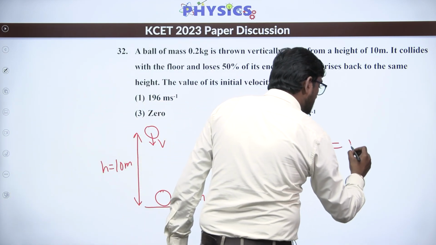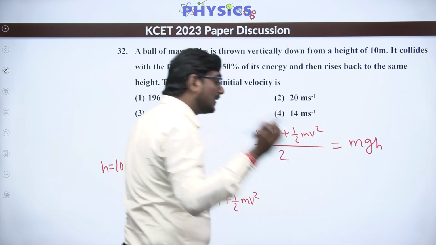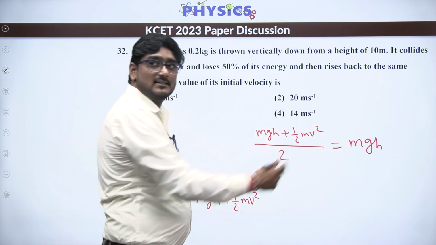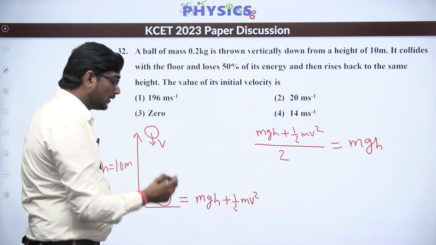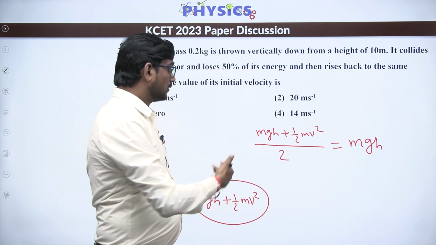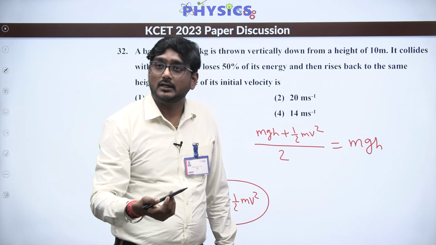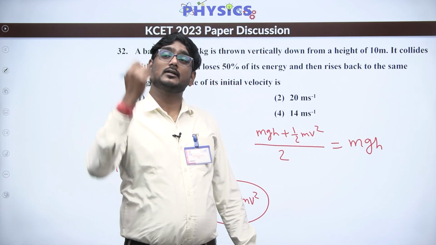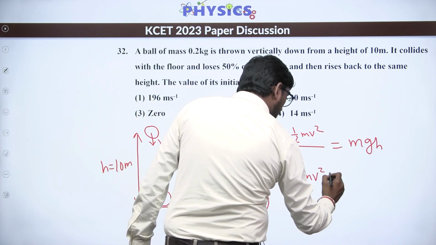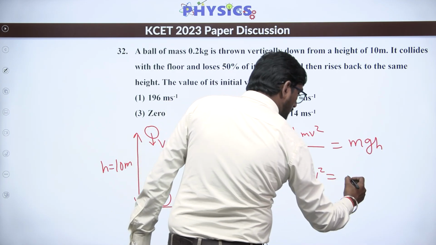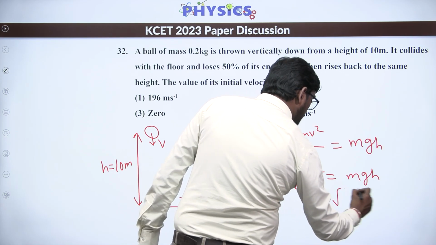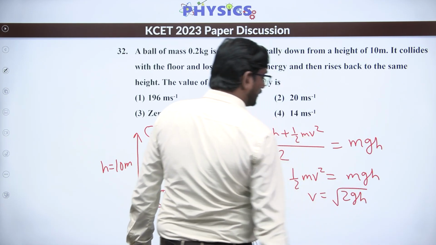So it will be equal simply to mgh, because at the top its kinetic energy is 0. See here, initially the total energy is mgh plus half mv square. It has lost half of its energy, and that is equal to mgh, because it is going up to height h. If we simplify this, half mv square will be equal to mgh. So from here v will come out to be root of 2gh, right?